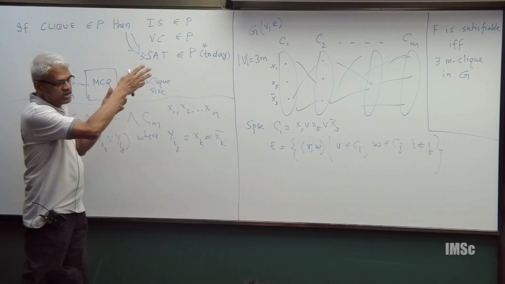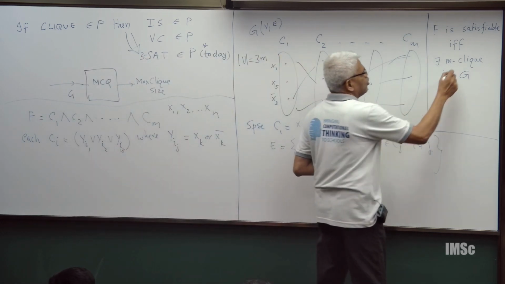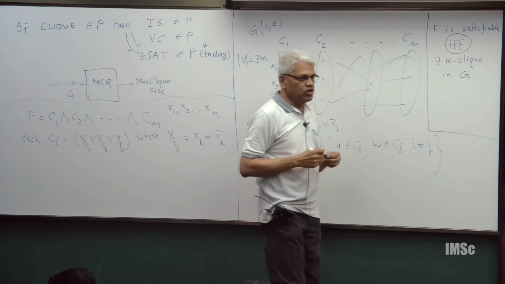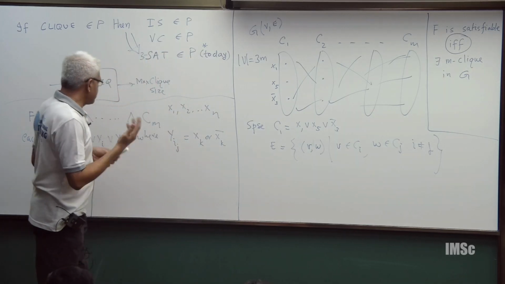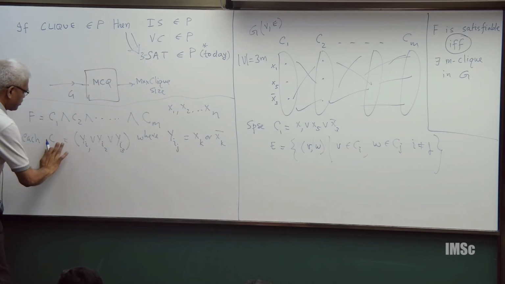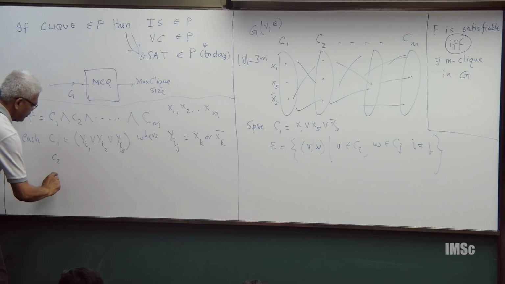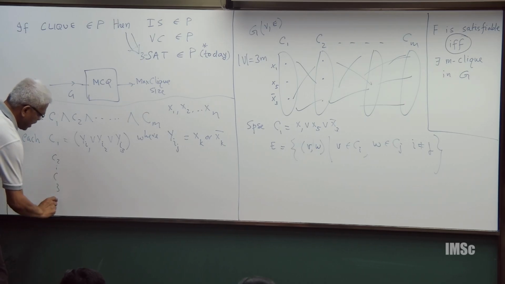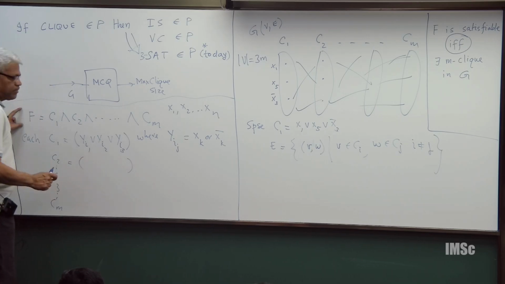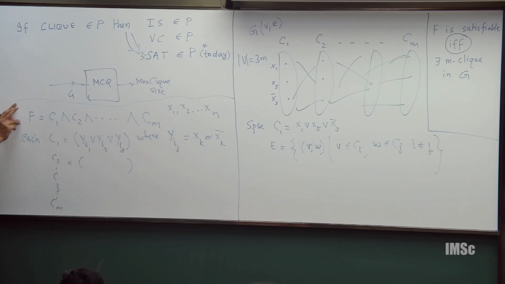Well, suppose, it is an if and only if statement. I hope you know what that means, that I need to do both directions. So, suppose f is satisfiable, my formula has C 1, C 2, C m, right. So, that means there is some assignment to the xi's which will make C 1 true, which will make C 2 true, C 3 true, C m, all of them simultaneously true.